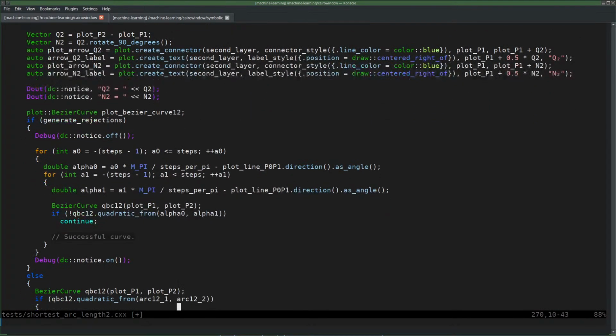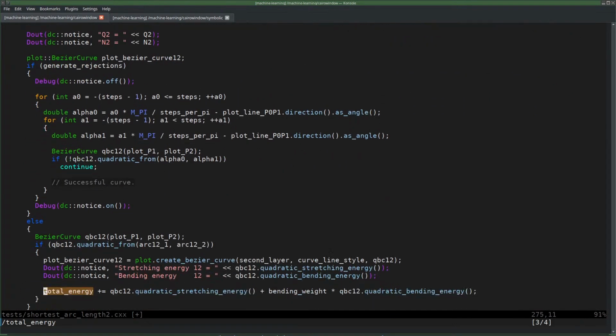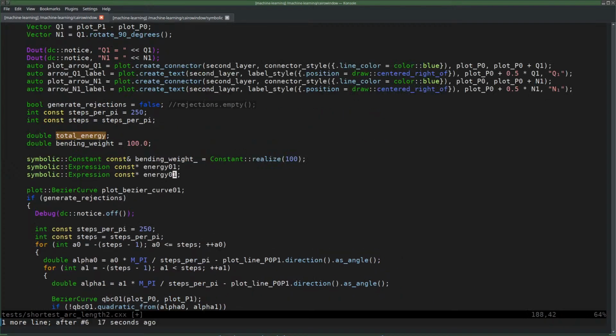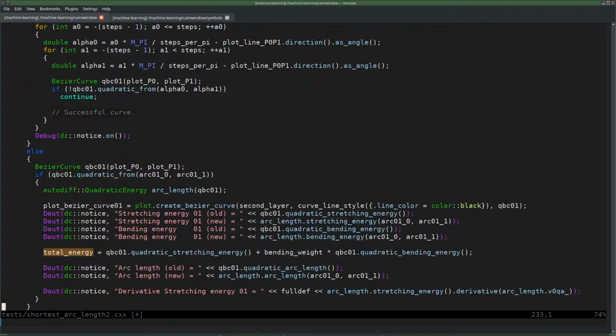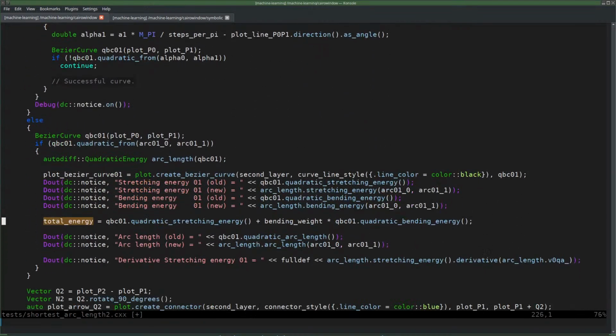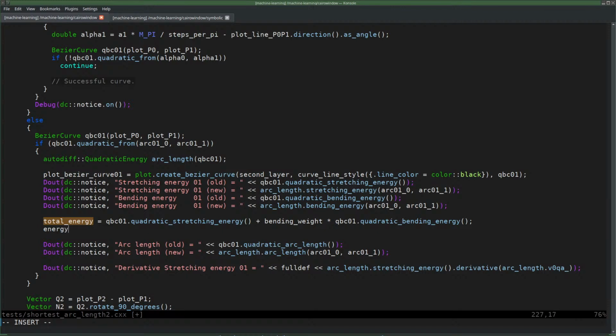Yeah, 1, 2. Energy 0, 1. So here I have energy 0, 1, and then I have to use the quadratic stretching energy, which is this one, but as formula.